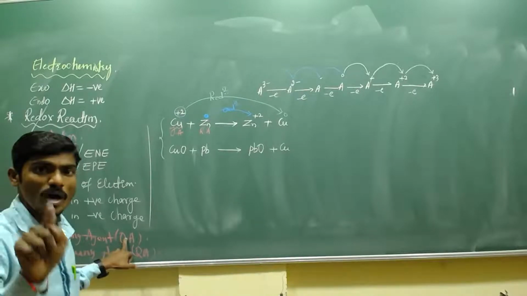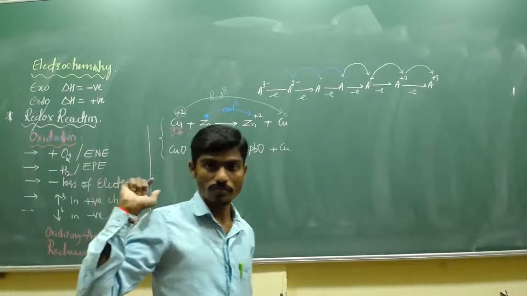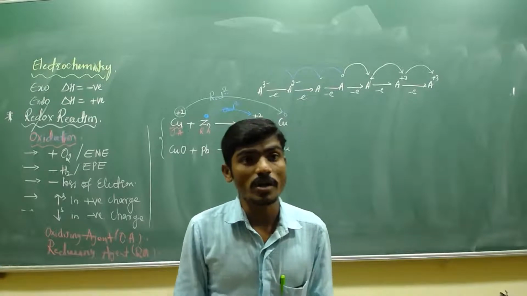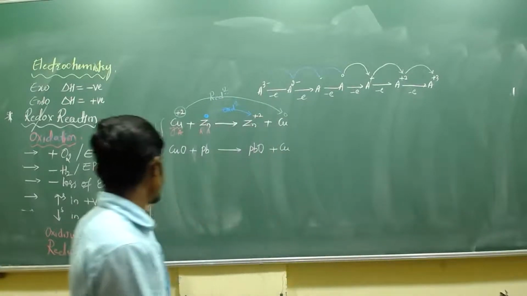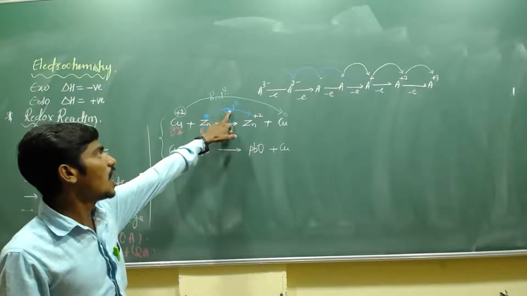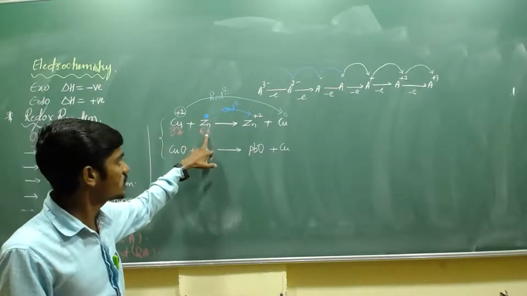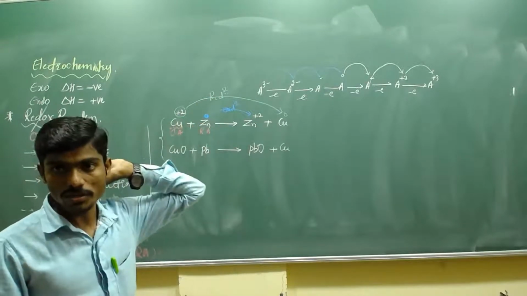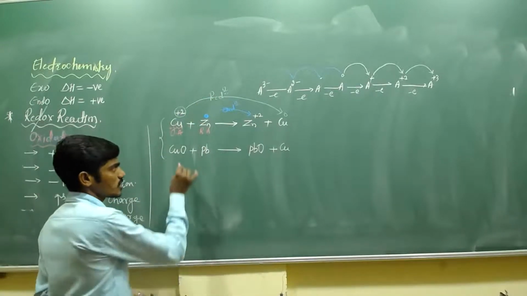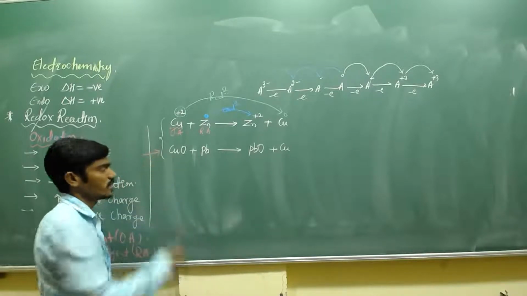Oxidizing agent is one which itself undergoes reduction. Reducing agent is one which itself undergoes oxidation. Now can we identify which one is the oxidizing and reducing agent in the next reaction?